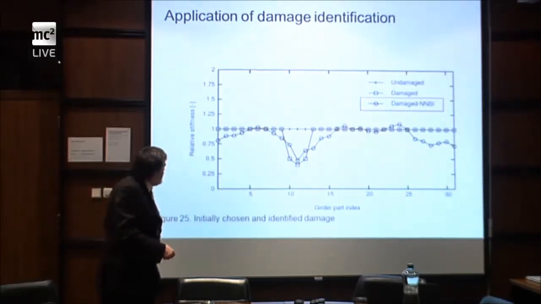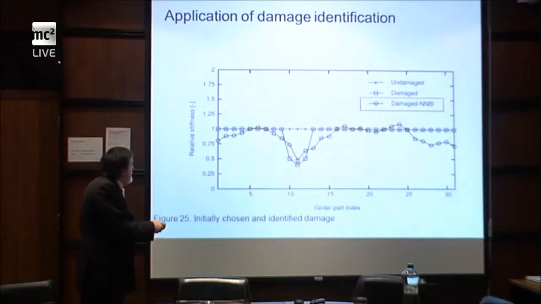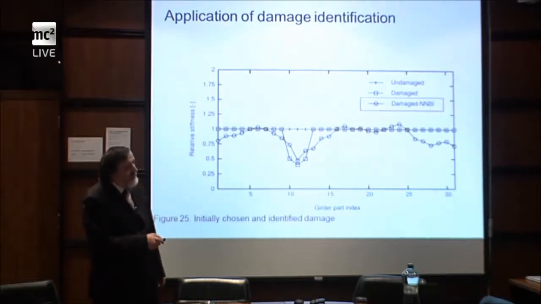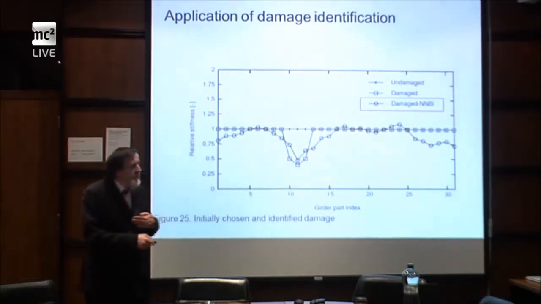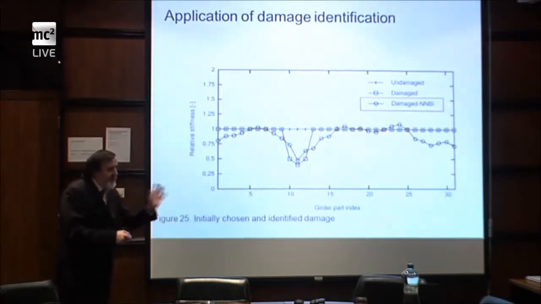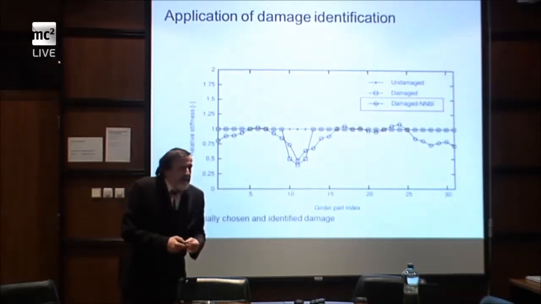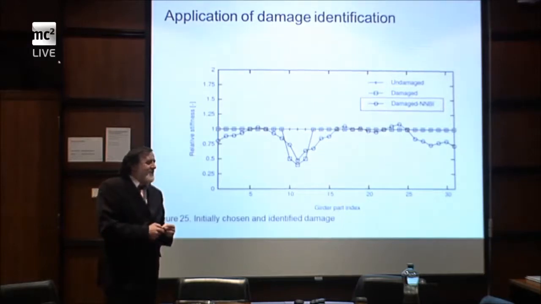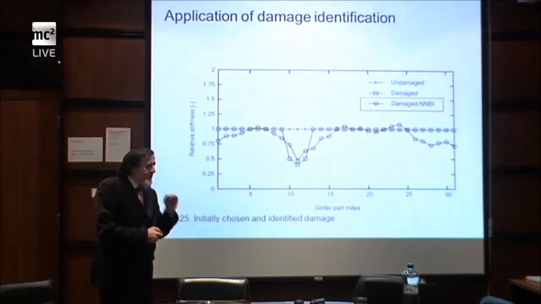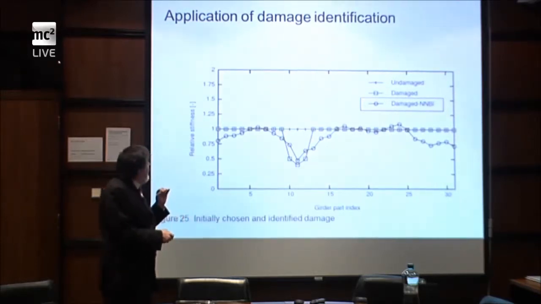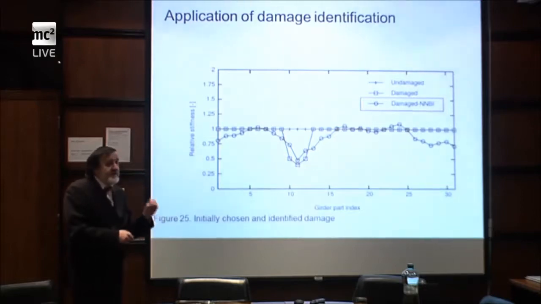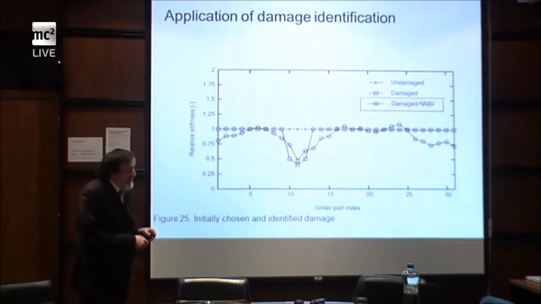Damage identification is a complicated task because there are many techniques which can detect the damage, but the weak point of damage identification, according to my feeling, because I'm not a dynamics guy, but I touched it only a little bit, is that honestly speaking, damage should be quite big if we really identify the location and the level of damage very well.